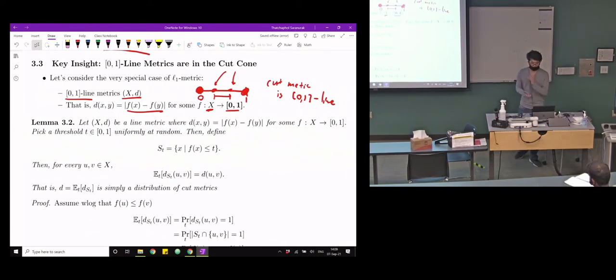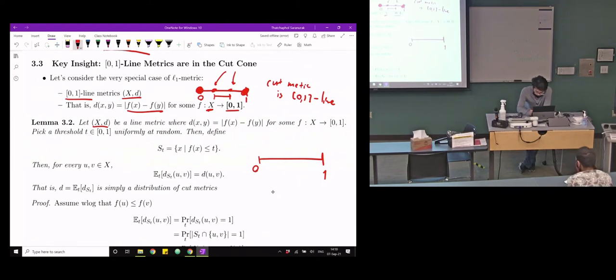So now this is a very important step. Just consider this 0-1 line metric. It's just the thing in 0, 1, and think of this mapping as mapping things into the interval.